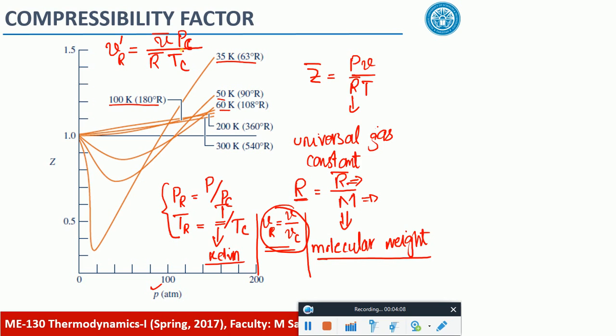As far as the compressibility charts are concerned, which we talked about last time, I didn't show you that chart, but now I will show you that chart after some time. But what you can see is, this is V bar, right? This is critical pressure, critical temperature, and this is the universal gas constant, and this is known as pseudo reduced specific volume.